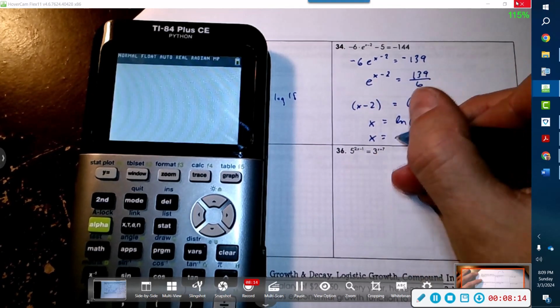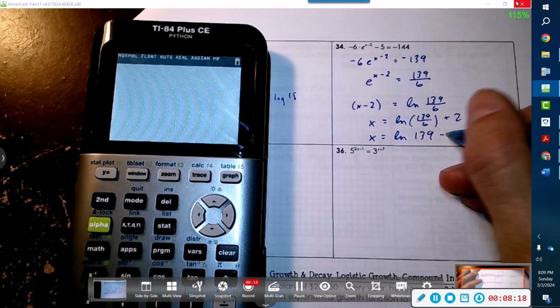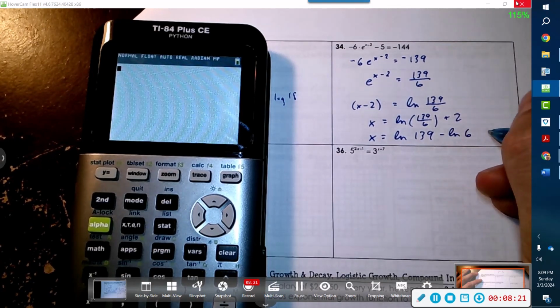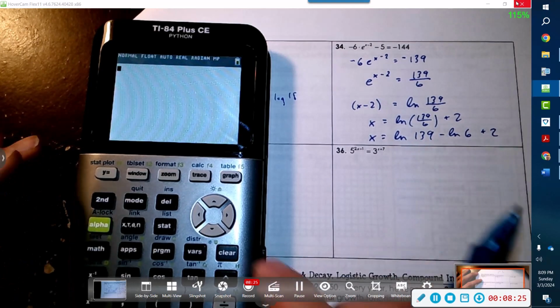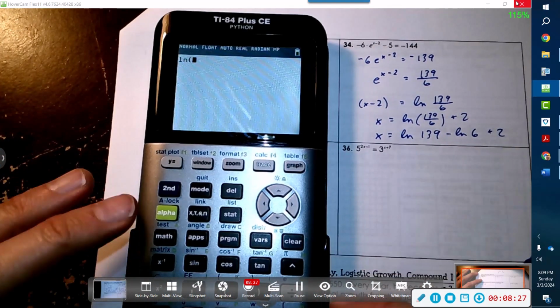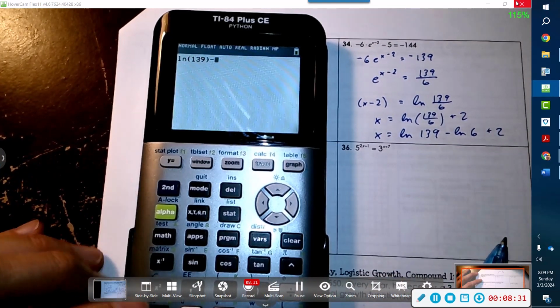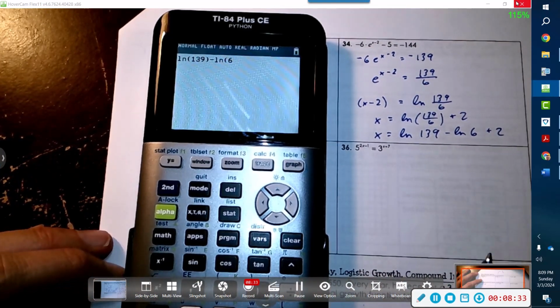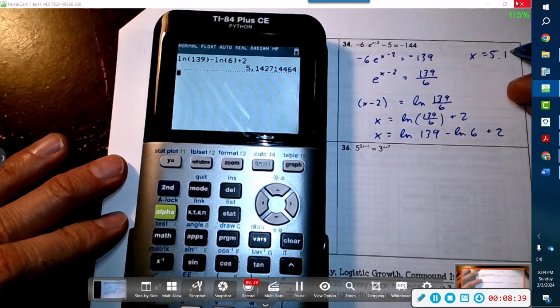And I can actually just do this: the ln of 139 minus the ln of 6 plus 2. That's expanding the log. If you're good with this stuff, you might remember you could do something like that. All right, so x equals 5.143.